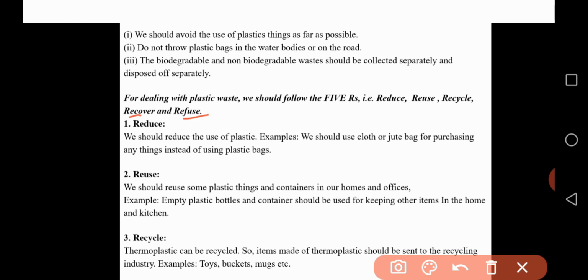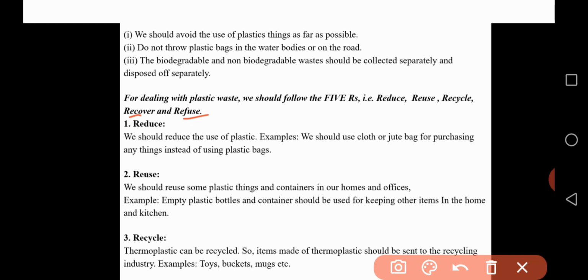Refuse means you have to refuse the use of plastic. For example, you go to a shop and purchase some materials, and the shop owner gives polythene bags to carry them. At that time you have to refuse the polythene bags.